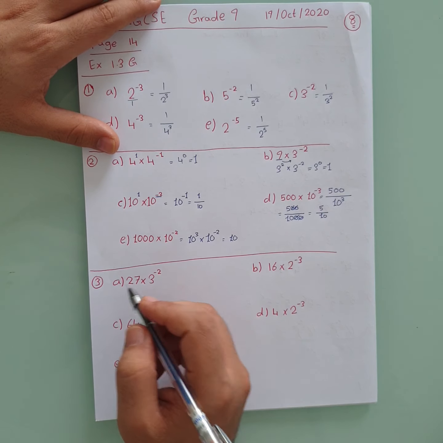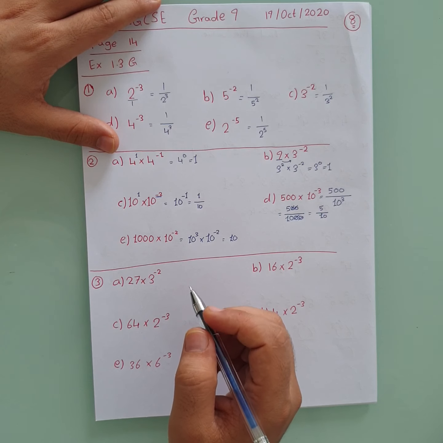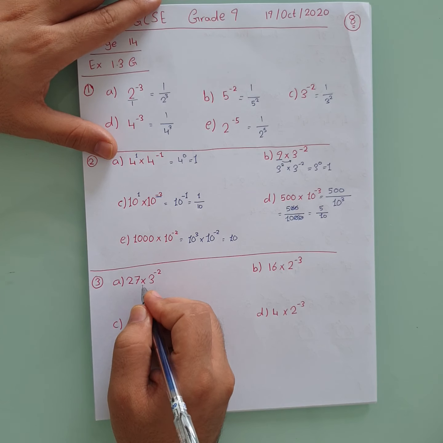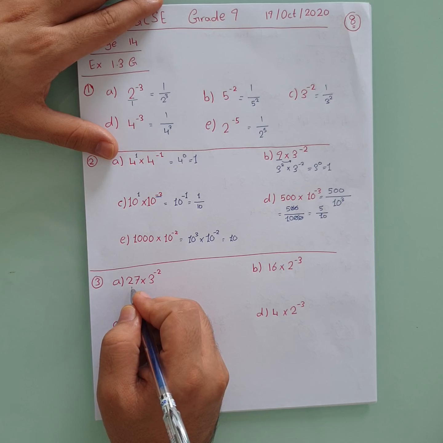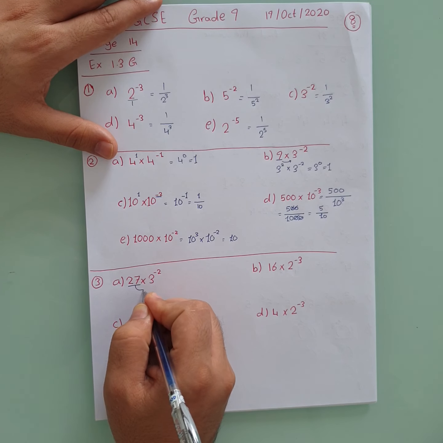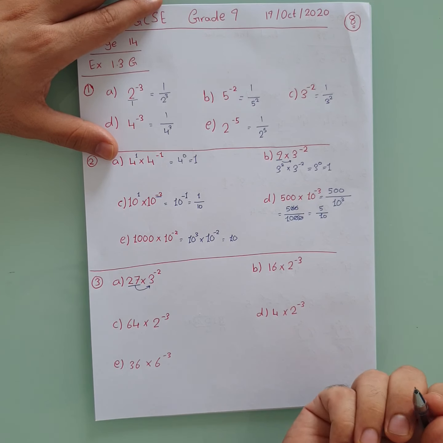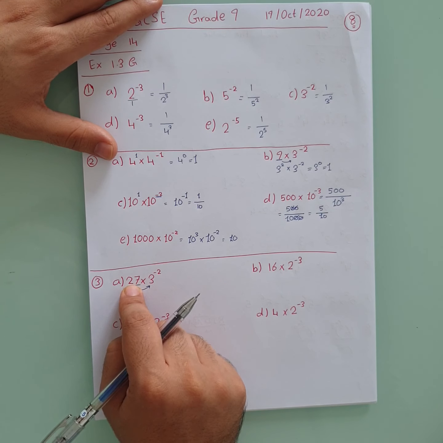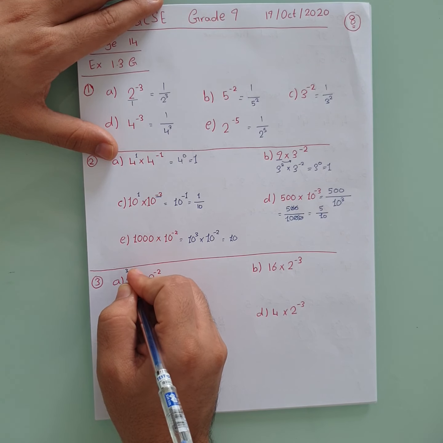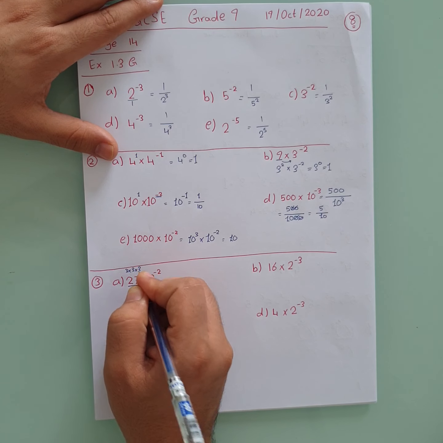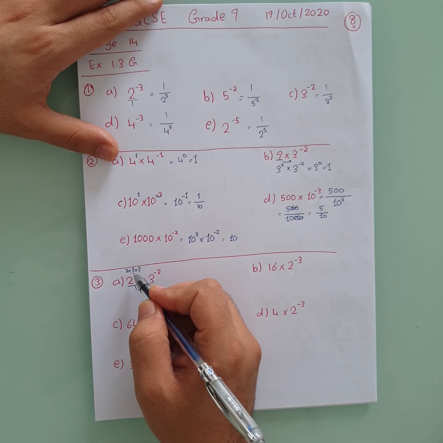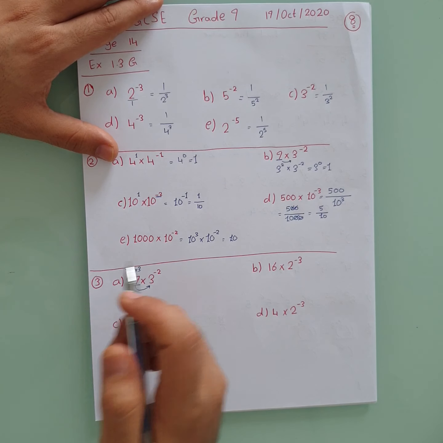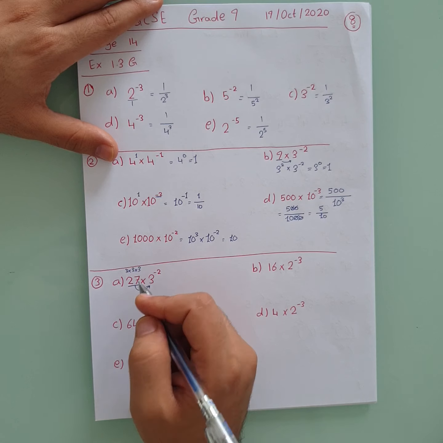Alright, let's go for question number 3. Question 3 says 27 times 3 to the power of negative 2. There is no same base over here, so I should think of a way to make this 27 have the base 3. If you think about it, 27 is actually 3 times 3 times 3, because 3 times 3 times 3 will give you the value 27.